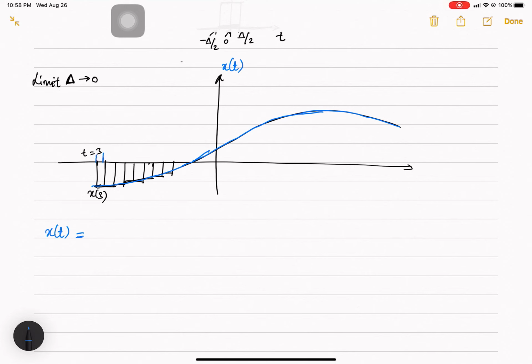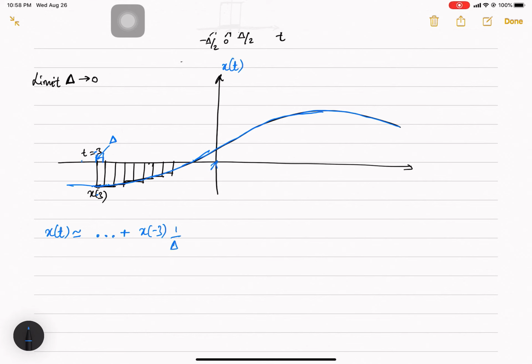The width of each of the pulses be delta. Now this x of t can be approximately written as, so there will be infinite terms on the left here, infinite pulses. I'm going to start with x of minus 3, since it is left of the axis. This is my t equal to 0.